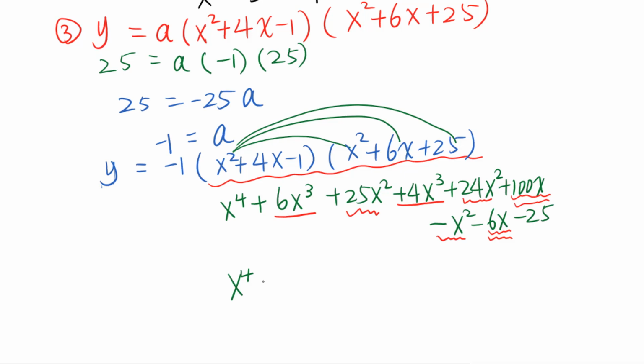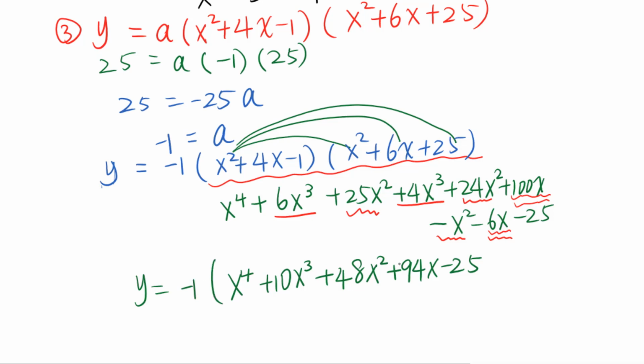So we combine like terms. X to the fourth power plus 10x to the third power plus 48x squared plus 94x minus 25. Then y equals negative 1 times this.